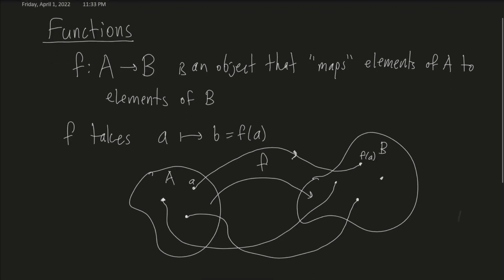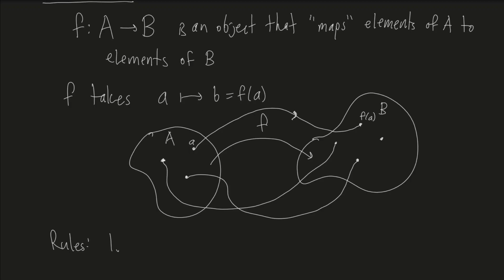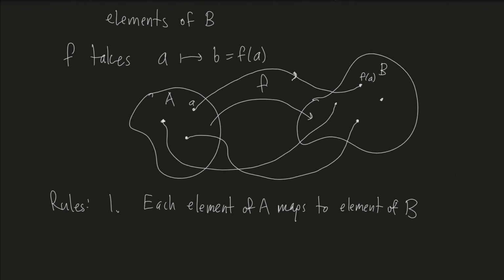The first rule is that each element of the set A maps to an element of B. So we can't have some point in A that just doesn't get mapped to anything. That's not allowed. Then it's not truly a function from A.